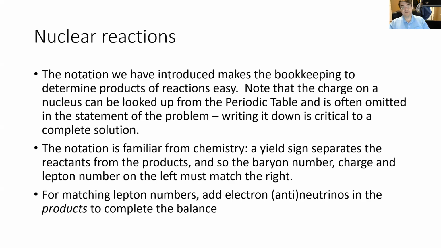To match lepton numbers, basically balance everything else first. Then you take a look at where your lepton numbers are. If you need to adjust the number, you add whichever electron neutrinos or electron antineutrinos in your products to balance it out.